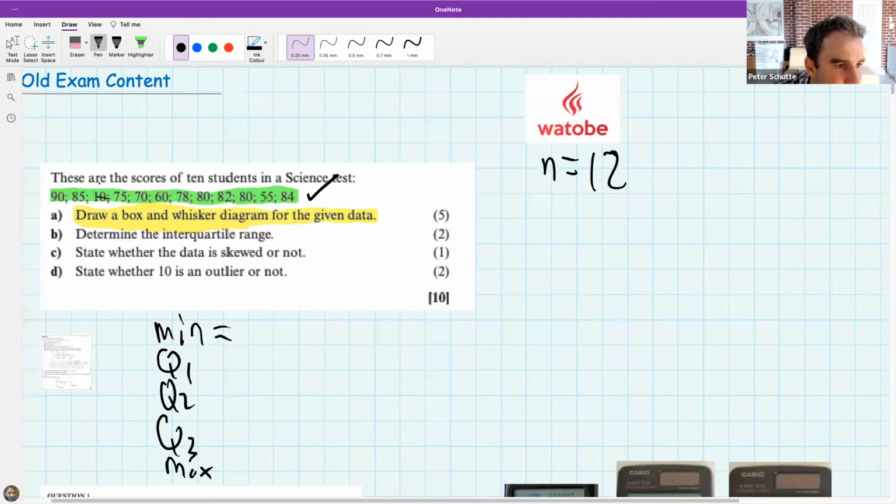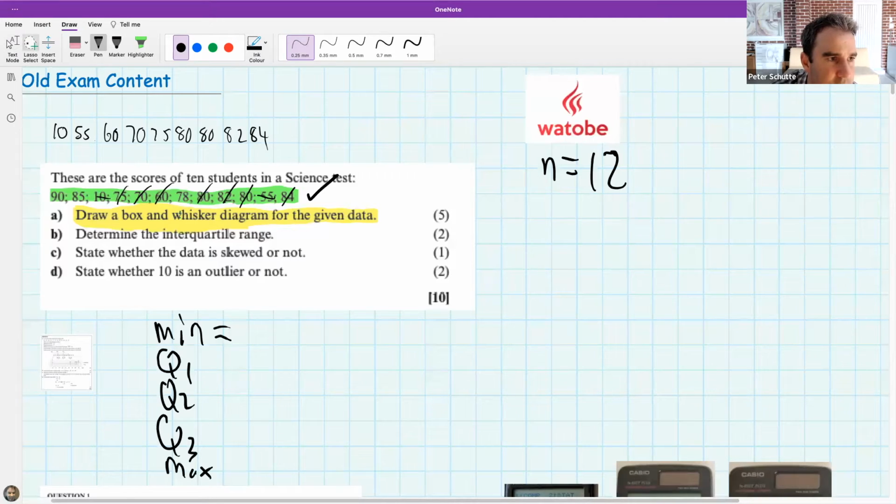So I guess. Oh, I left something out there. Can you see what it was? I left out a 78.